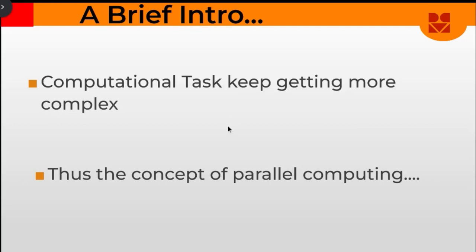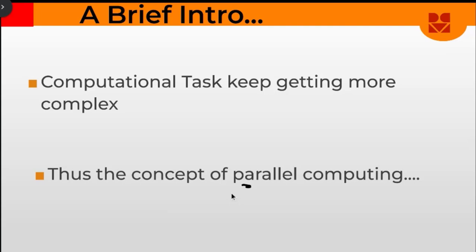Because we still want more speed and more accuracy, and we want to save more time, the concept of parallel computing was introduced, where instead of running one program at a time, we can execute multiple programs, and they will all run faster at the same time.